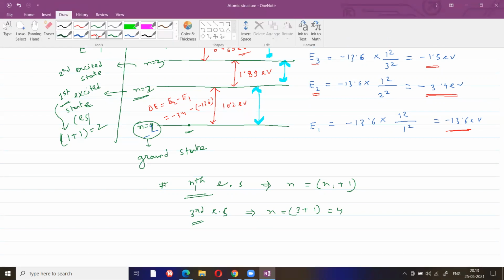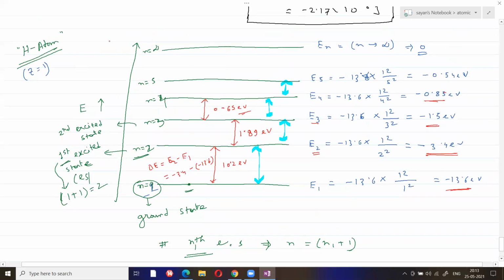Now from this, basically for the hydrogen atom, I am taking these points. What is the first point? If the n value increases, the energy gap decreases. And look, if the n value increases, the total energy goes from minus 13.6 to minus 3.4. Does the total energy increase or decrease?